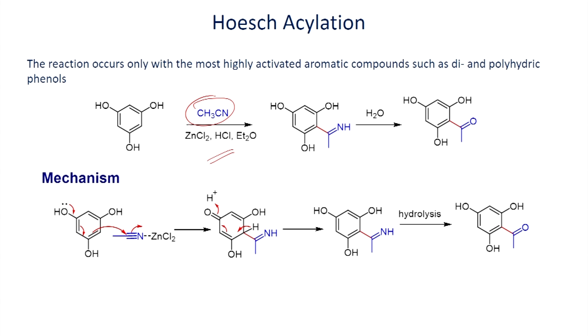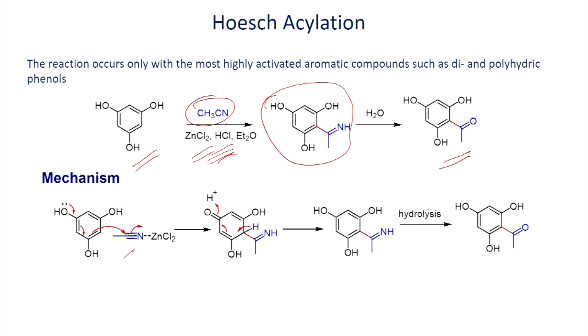This also can readily undergo reaction if we have polyhydric phenols, which can react with acetonitrile in the presence of zinc chloride and hydrochloric acid to give the imine intermediate. Once you have this one, it can readily undergo hydrolysis to give this carbonyl compound.